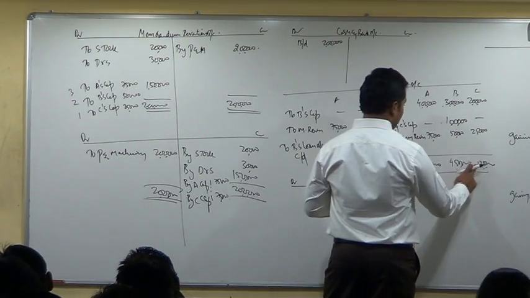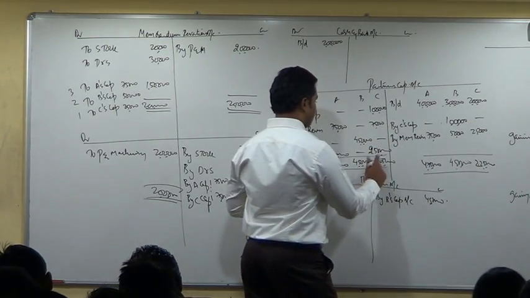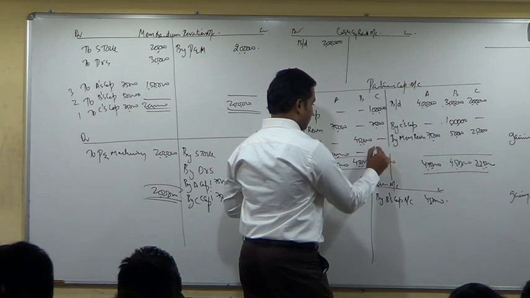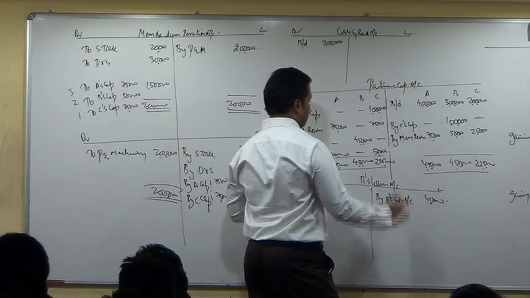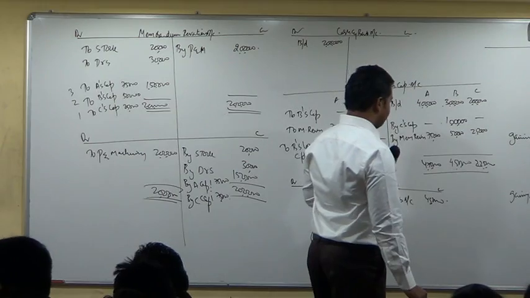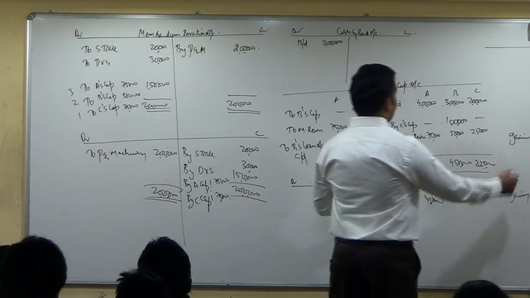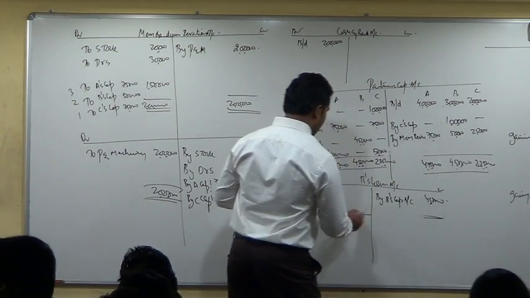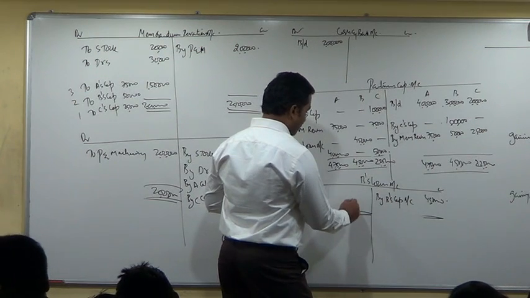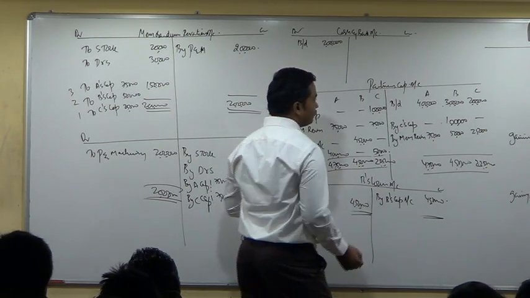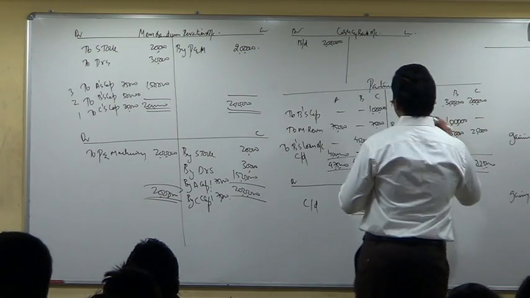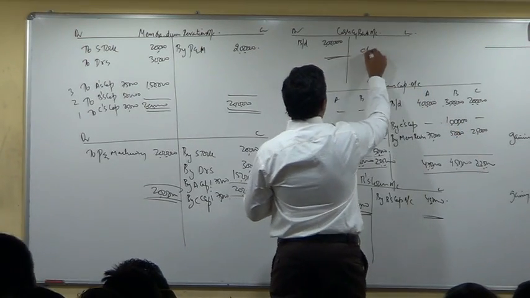Sorry, sir. 225. Only 50,000 is the balance. Write down the capital. Loan account also you close. Carry it down. 4,50,000. Cash account, no transactions. Carry it down 2 lakh.